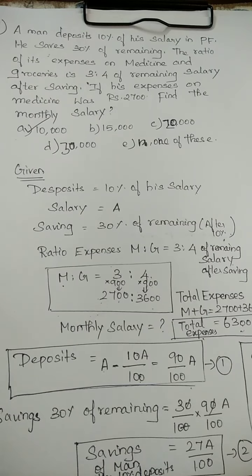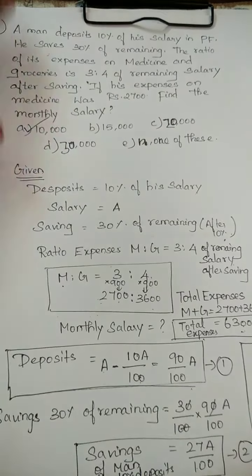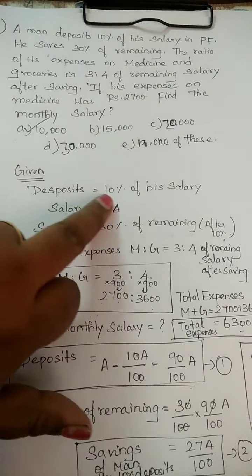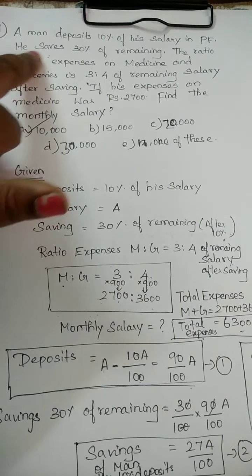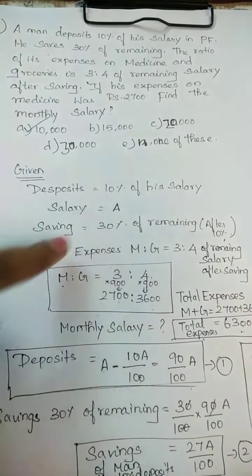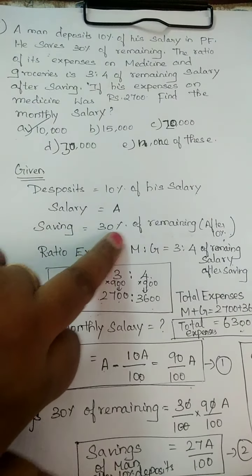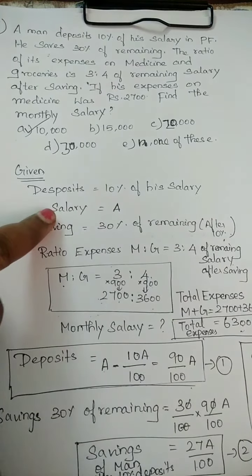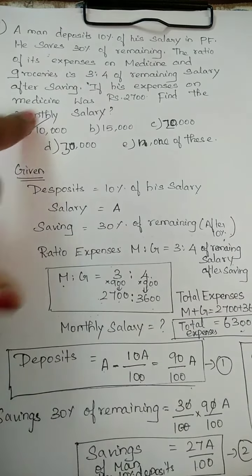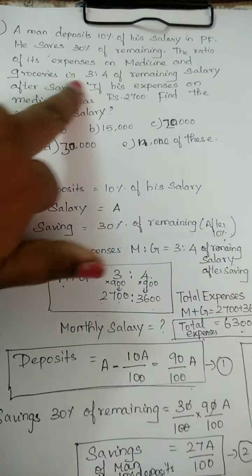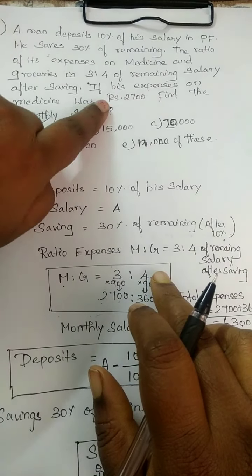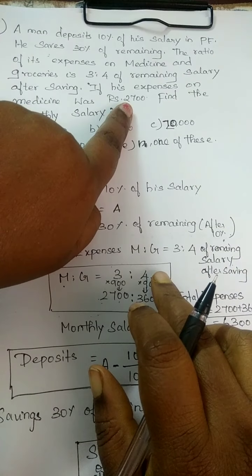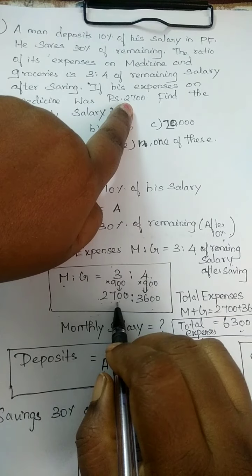In short, again I am explaining to you. From the question I have written: deposit is 10% of his salary and he saves 30% of the remaining. Let's take salary as A, and the given ratio of medicine and groceries is 3:4. They also gave the clue that the medicine expense is 2,700.